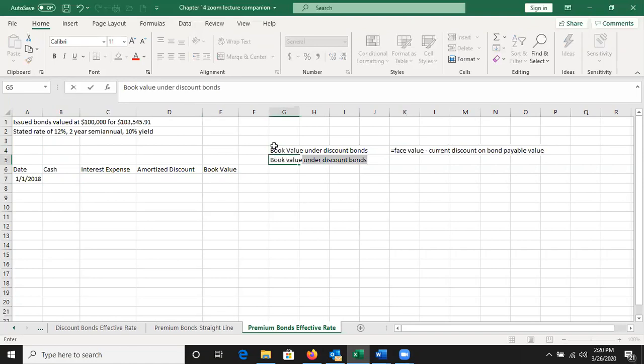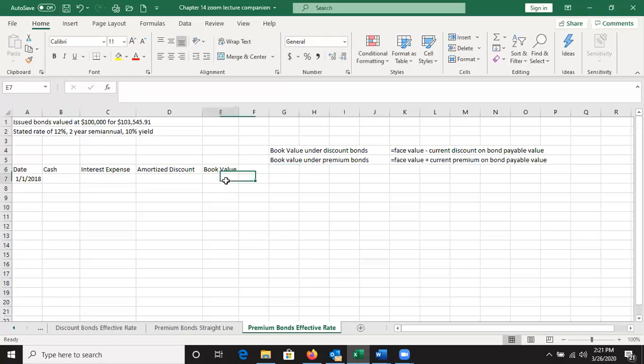The book value under premium bonds equals the face value plus the current premium on bond payable value.